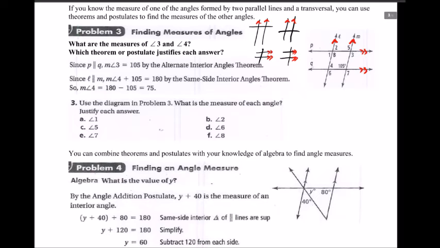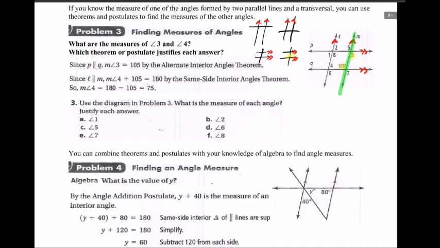Well, who do we have here? We are given this angle right here over on the right-hand side down at the bottom is 105 degrees. What do we know about angle 3? Well, there's my 105 degrees. If I am using this one right here, our 2 parallel lines, this is now my transversal.